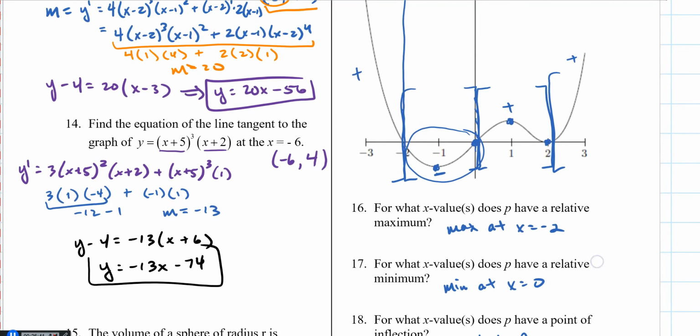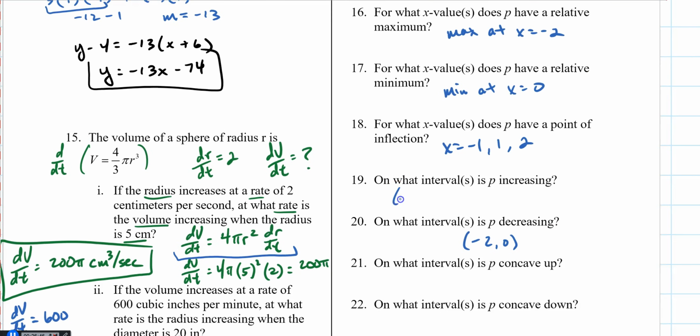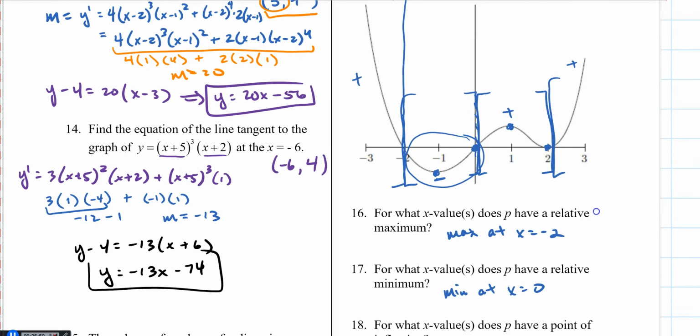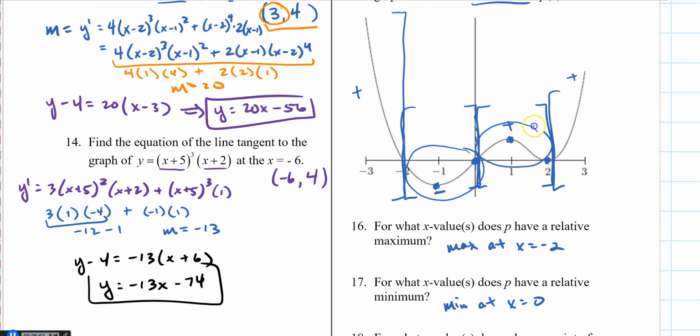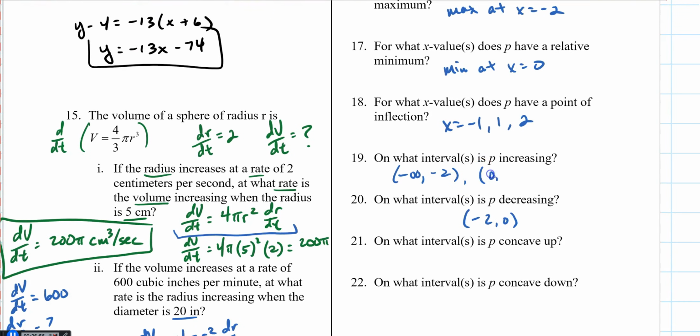Well, it's increasing wherever the derivative is positive. It's positive from negative infinity to negative 2. It's again positive here from 0 to 2. And then it's positive one more time from 2 to infinity.